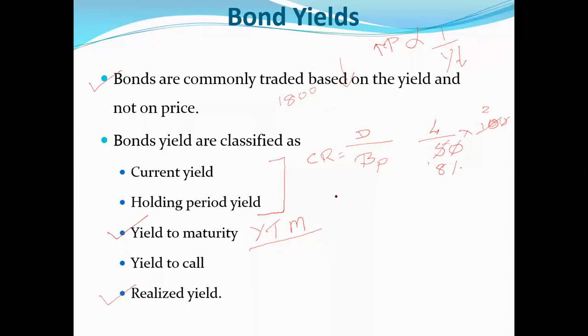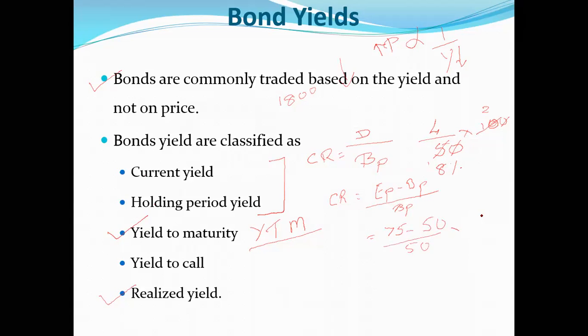Now, how do I calculate my capital return in terms of shares? I use the formula: ending price minus beginning price, the whole divided by beginning price, into 100. In other words, I purchased the share for 50 rupees and I sold the share for 75 rupees.